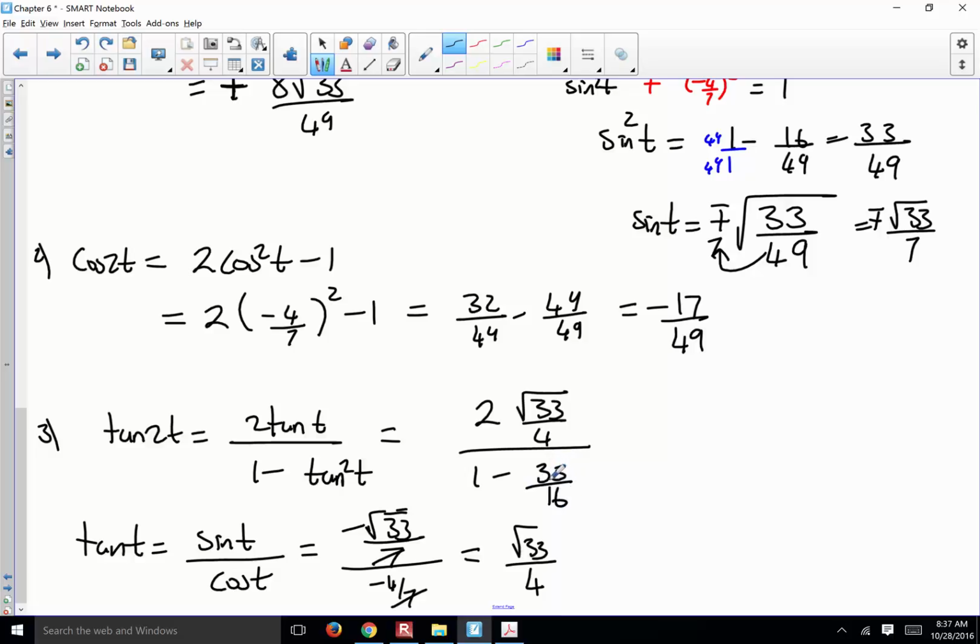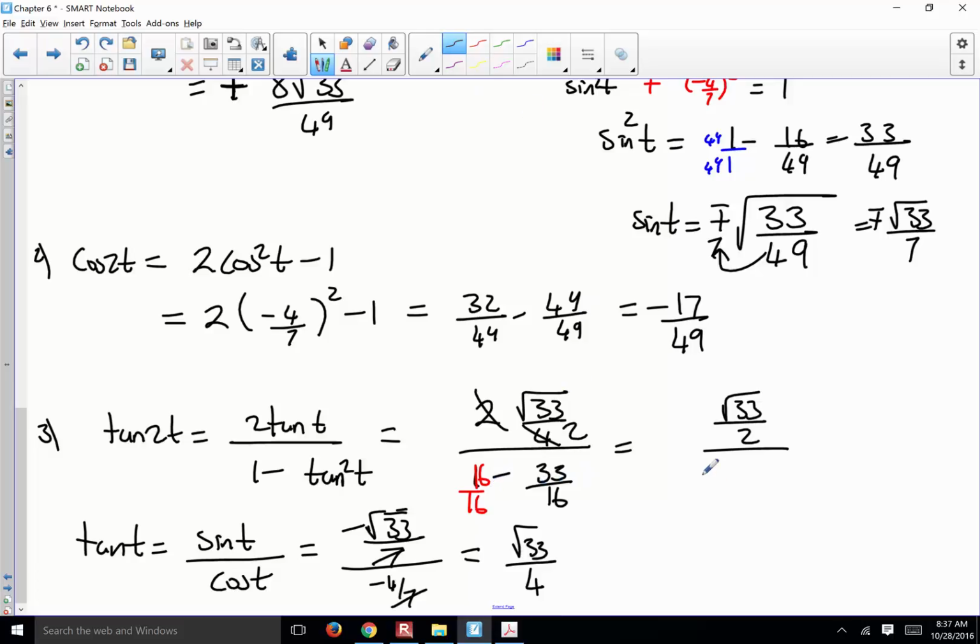Wait a second, how did I get this? I'm squaring it. When I square root 33, it's 33. When I square 4, it's 16. And these two cancel. And this 1 is 16 over 16.